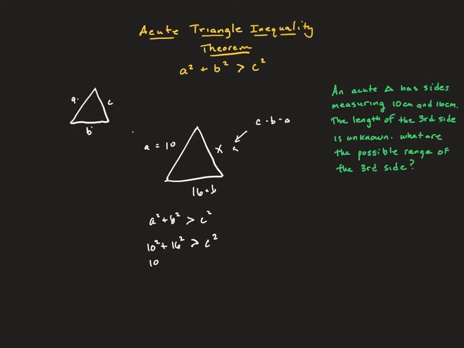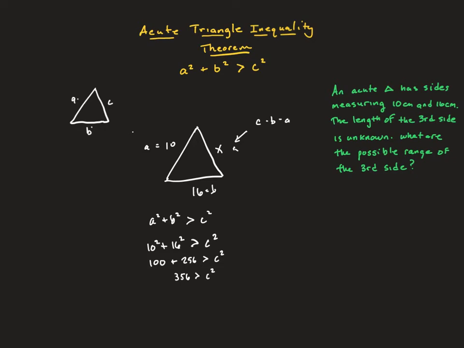We have 100 plus 256 is greater than C squared. So 356 is greater than C squared.